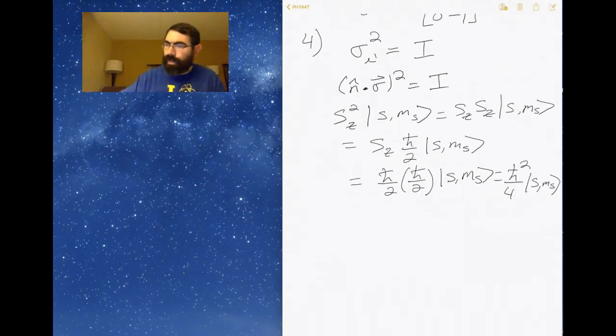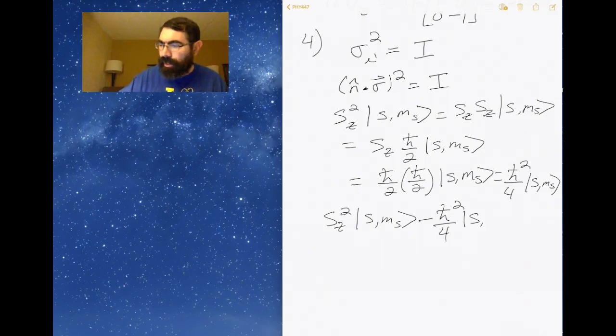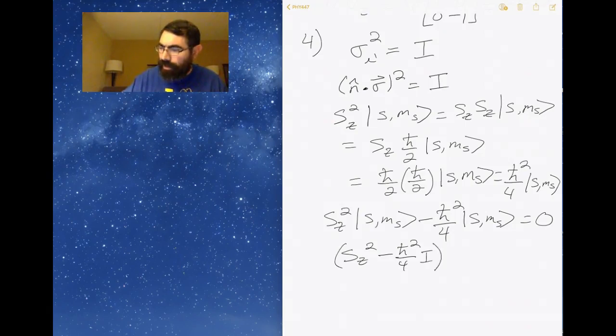Now, if I move this to the other side, I have S z squared operating on the state minus h bar squared over 4 operating on the state. That should be equal to 0. So S z squared minus h bar squared over 4 times the identity matrix is now operating on the state.